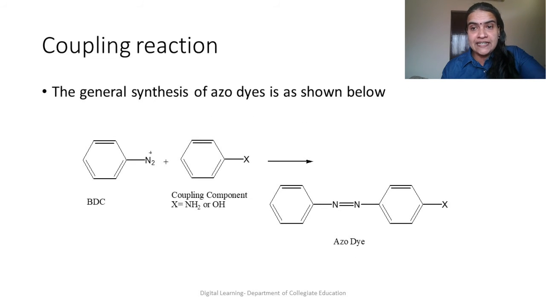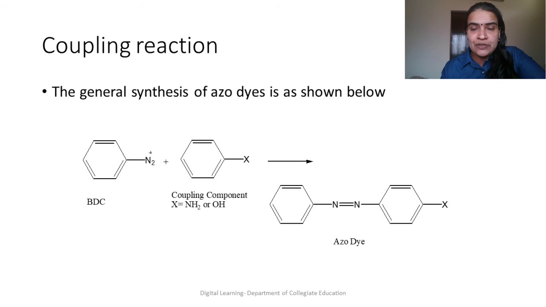A very important reaction is the coupling reaction of benzene diazonium chloride, where BDC is combined with a coupling component. Normally, the coupling component will be a para-substituted benzene derivative, either para-hydroxybenzene or para-aminobenzene, that is either a phenolic derivative or an aniline derivative of benzene, that will be coupled with benzene diazonium chloride to form an azo dye, because in the product there will be an N=N bond, which stands for the azo group.